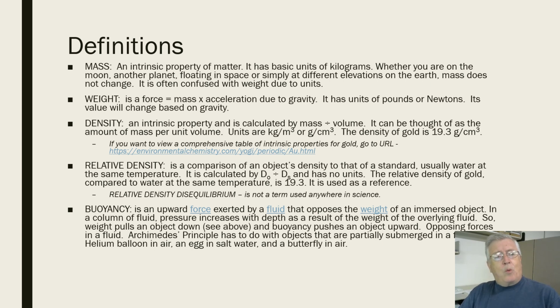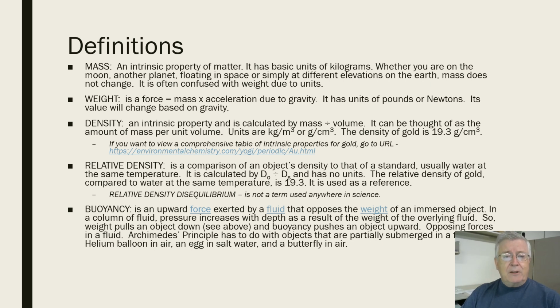Okay, next, relative density. Be sure you understand this one. Relative density is a comparison of an object's density to that of a standard density. Okay, so usually it's compared to water at the same temperature. It's calculated by density of the object divided by density of the standard, and it has no units.